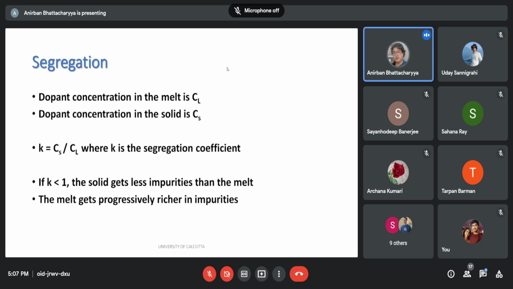Now, K is less than 1, so Cs is less than Cl. The concentration of phosphorus within that solid silicon is less than the concentration of the liquid it was made from. So, what will happen to the additional phosphorus that was not taken into the solid? Where will it go?